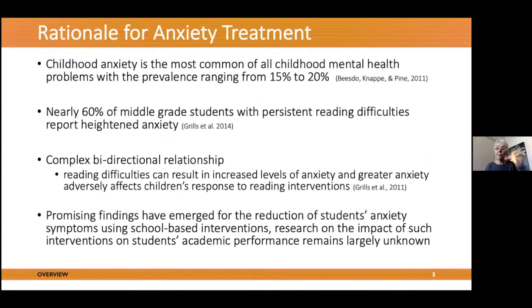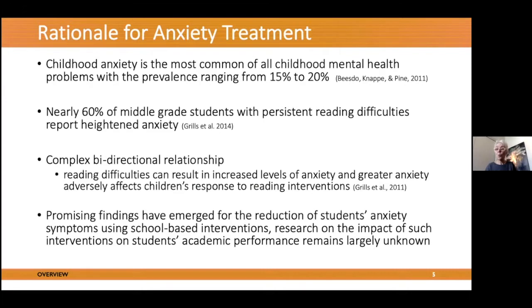Just as a means of background, the rationale for our integrating anxiety management is the common childhood mental health issues related to anxiety representing children. Approximately 15 to 20% have some type of anxiety problem. And that increases as students move into the middle grades, with 60% of students having persistent reading difficulties reporting high levels of anxiety.